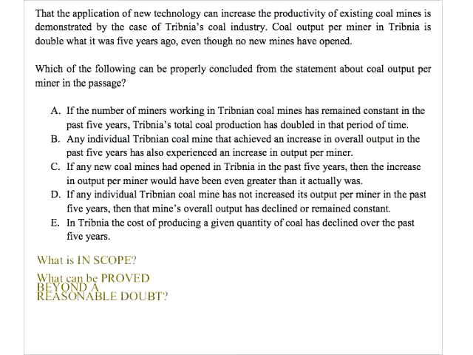Well, the scope of this passage is really not much. The first statement is just kind of a weird generality. It's not really telling us anything. So the only thing in here that's really a fact is that coal output per miner is twice as much as it was 5 years ago, even though there are not any new mines. So this is it.